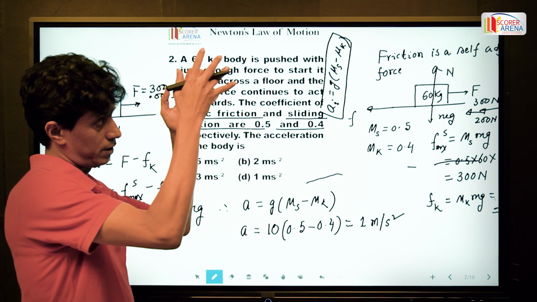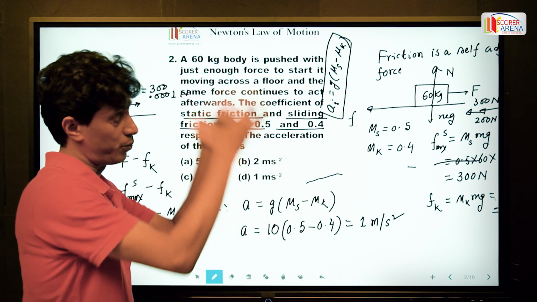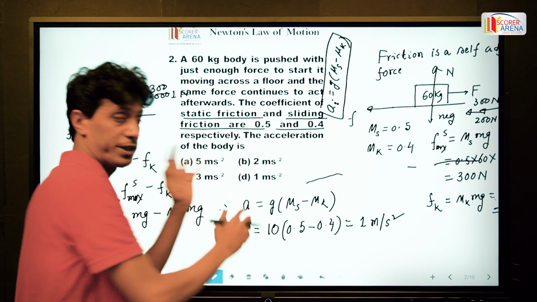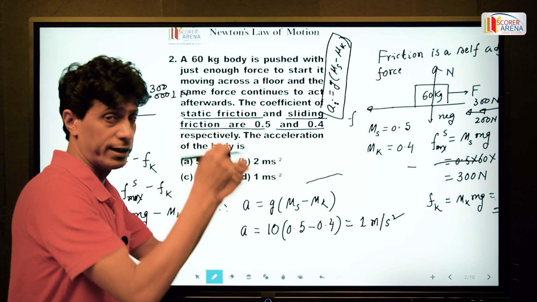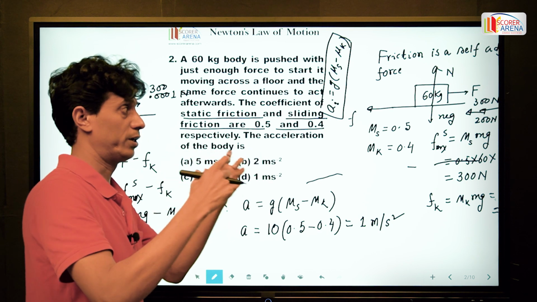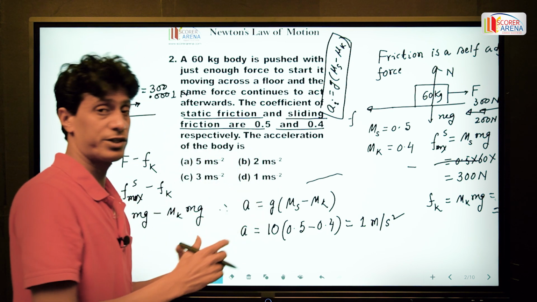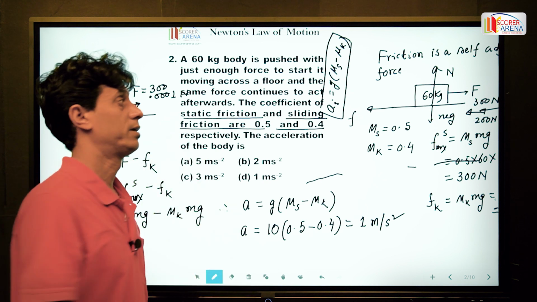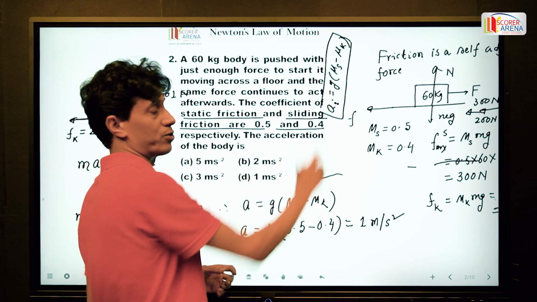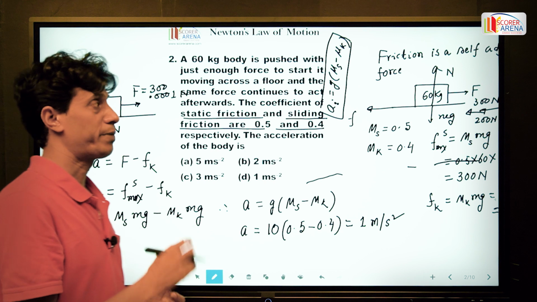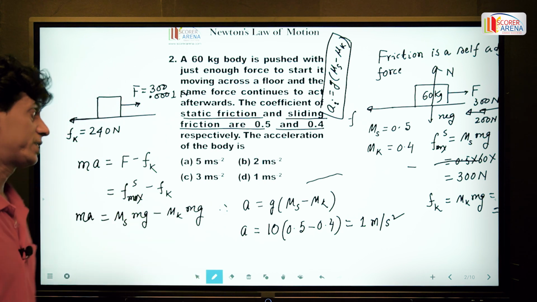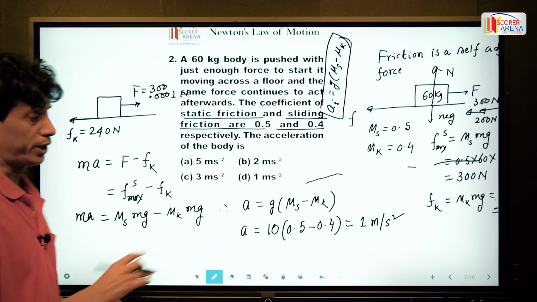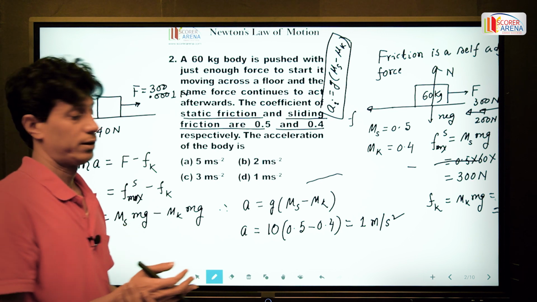So just when the force is 300, the static friction becomes 300 Newton. And if this force is slightly greater than this, the body just starts moving with an acceleration, and this acceleration is always a initial equal to g (mu s minus mu k). In a competitive exam, just putting in these values, we can get the answer quickly.